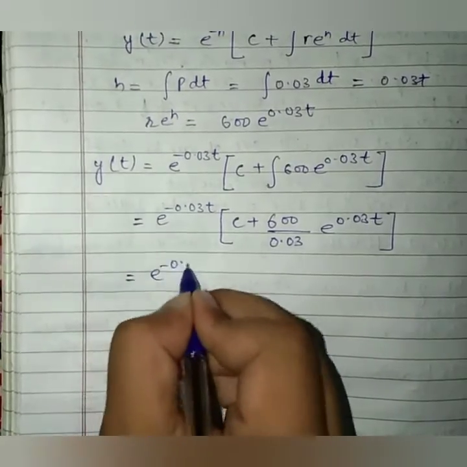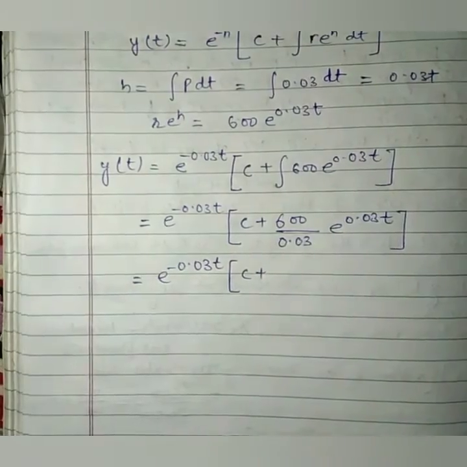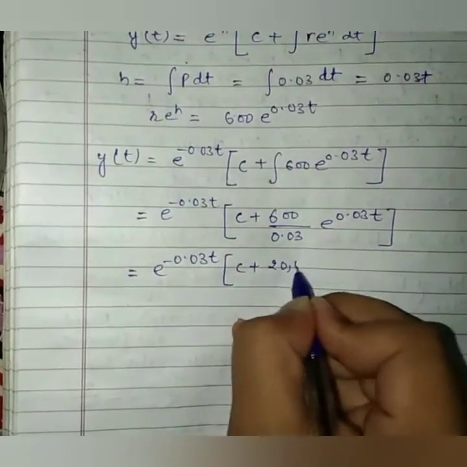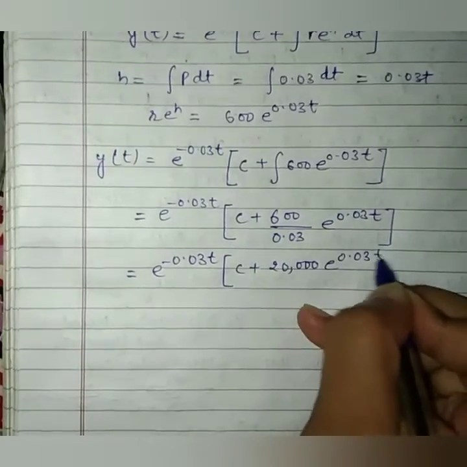So e power minus 0.03 t, c plus 20,000 e power 0.03 t.